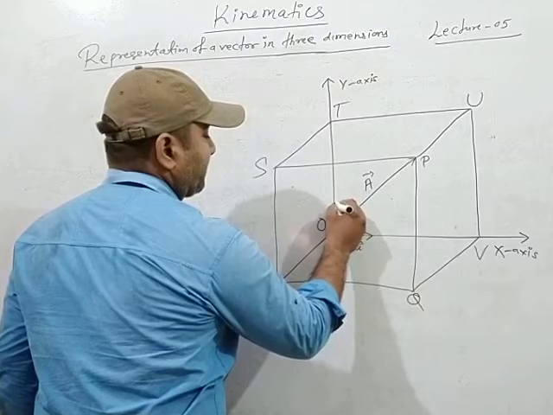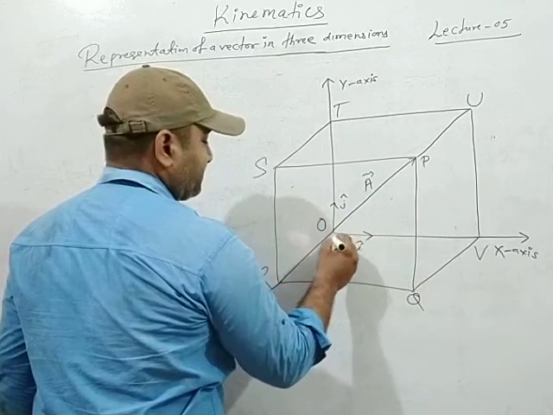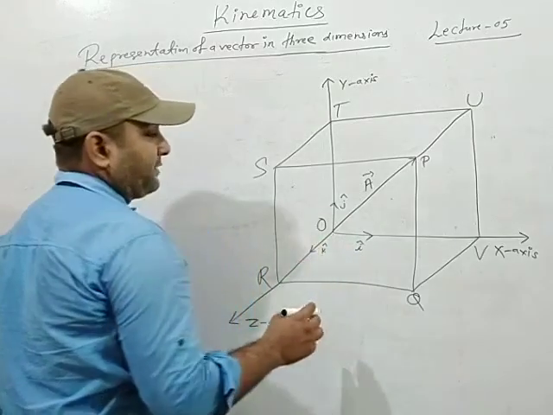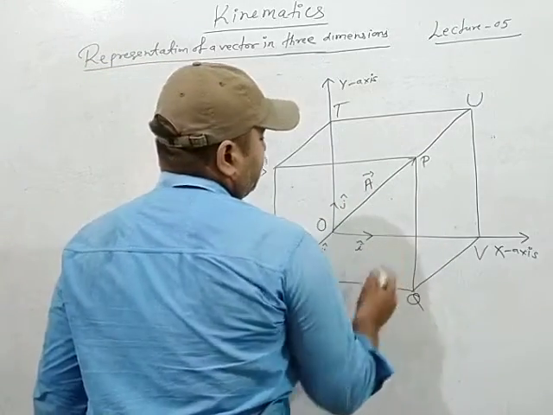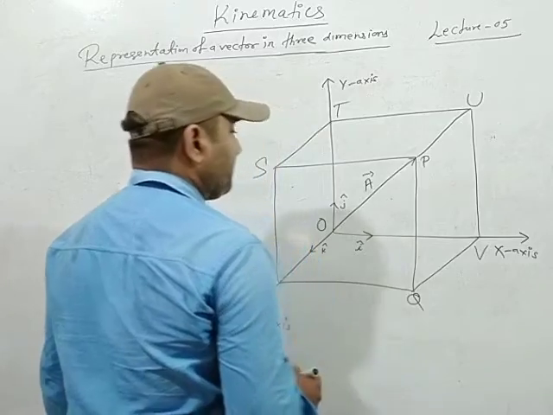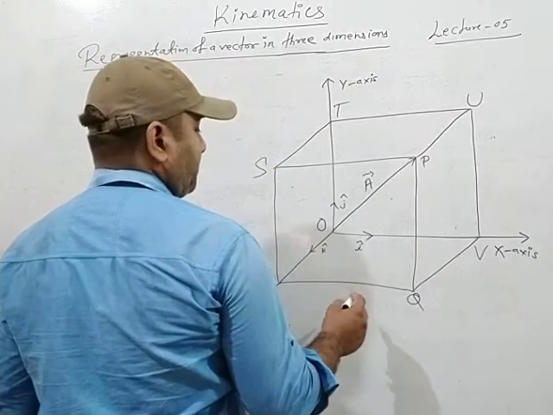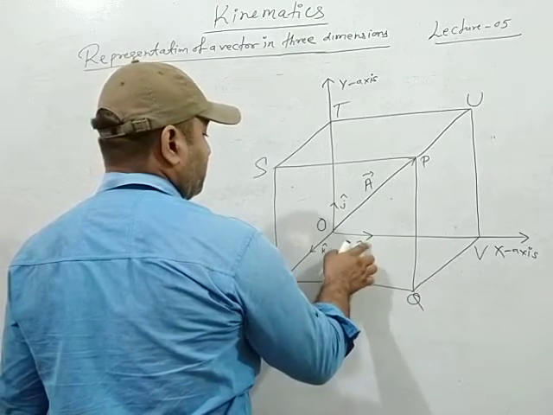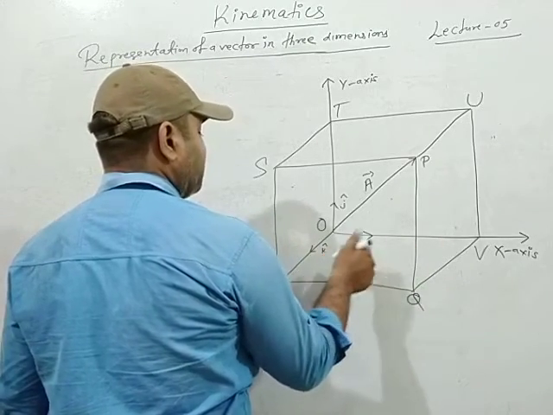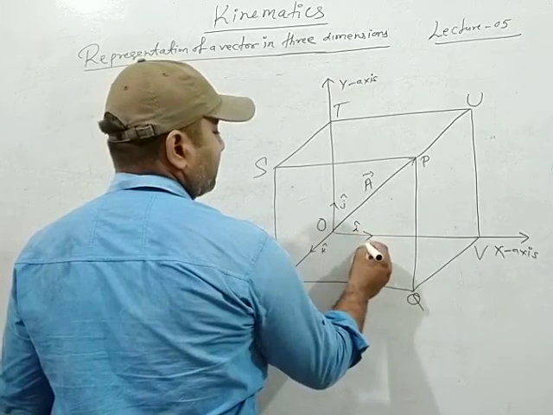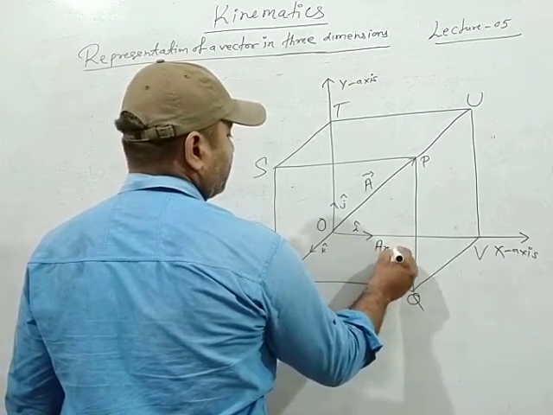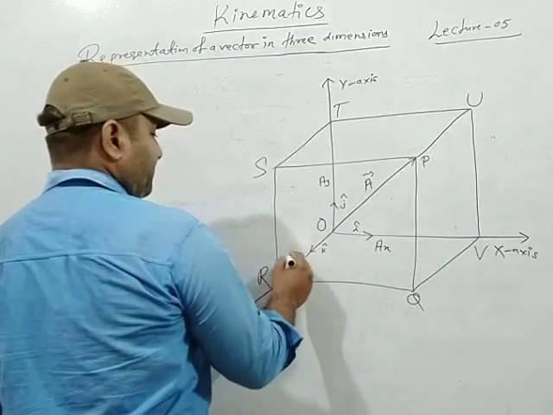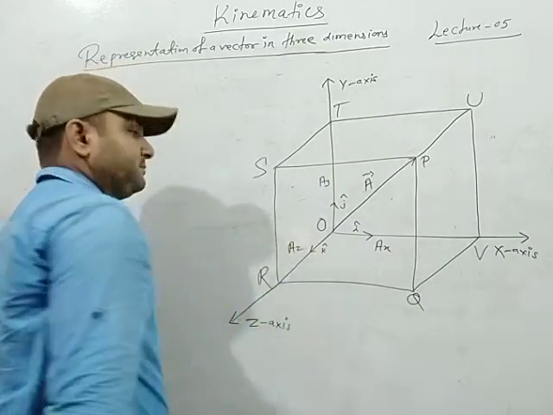along y axis j is the unit vector, along z axis k is the unit vector, and the magnitude of this vector along x axis, that is from O to V, that is ax, and O to T, that is ay, and O to R, that is az.